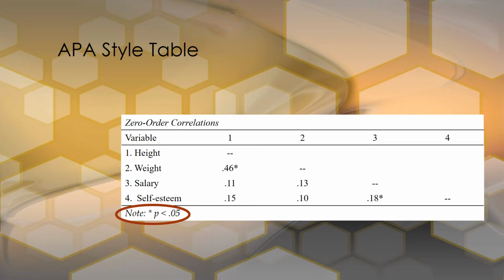Here is what is called the P level. And so if the correlation is what's called significant, it will get a star, a little asterisk by it. And we'll talk about what a P level is later on.